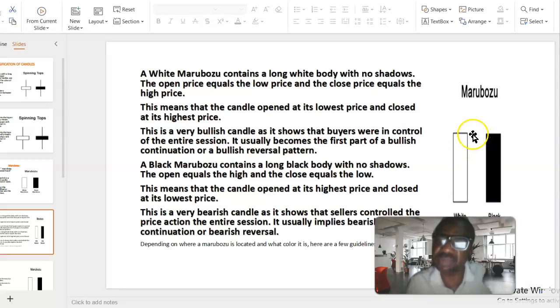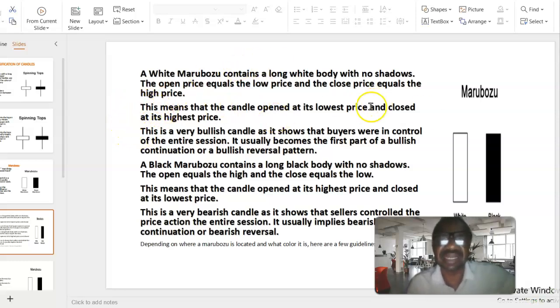This is for the bullish candle: price closed here, and this is still the high of the candle. So here is the low of the candle, and that is still the open. Then here is the high, which is the same place as the close. That's what we are trying to explain here.